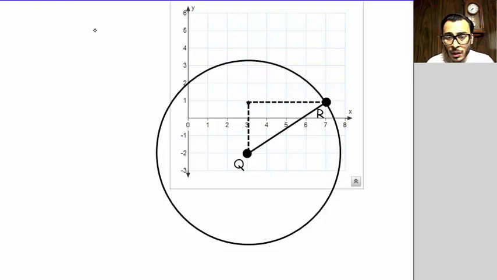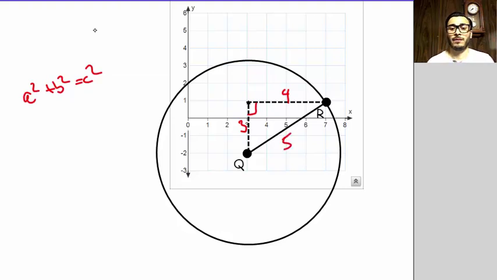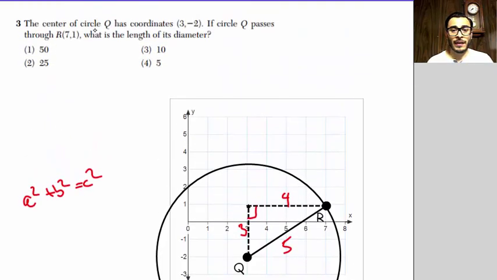And if you count the legs of the right triangle I just formed, do you see the right triangle? This is the 90-degree angle here. So if you count the lengths of the legs, we're going to get 3 here, and we're going to get 4 here. So if you use the Pythagorean theorem, you will see that QR comes out to 5, right? So if the radius is 5, then that means the diameter is 10.